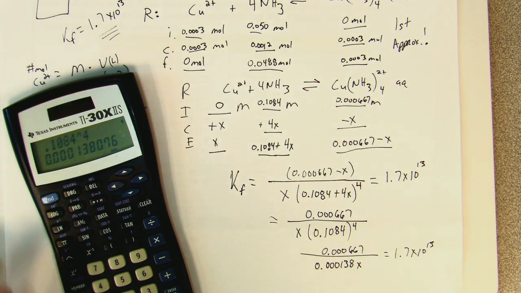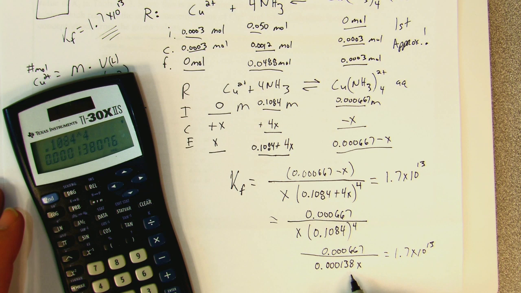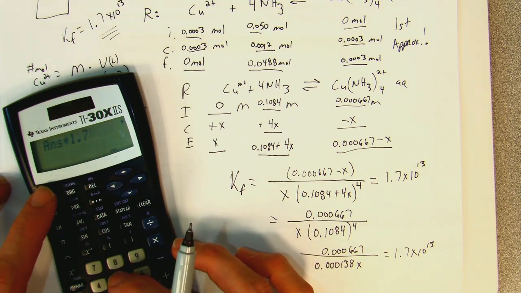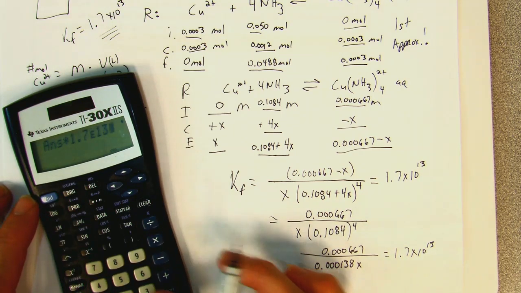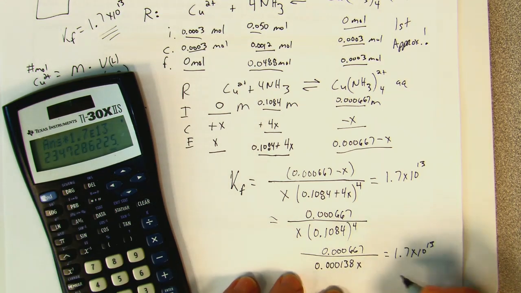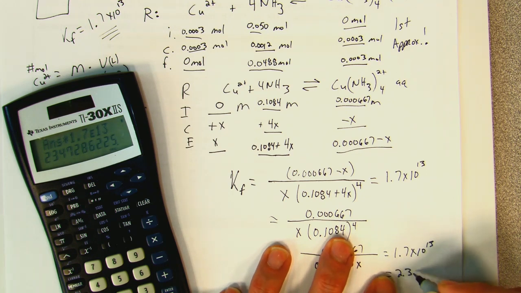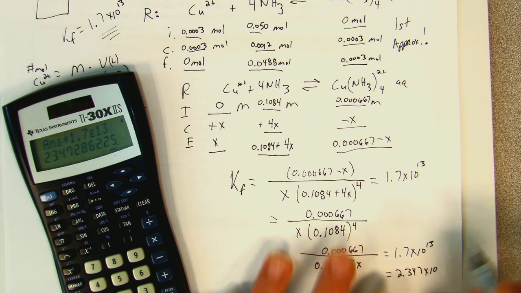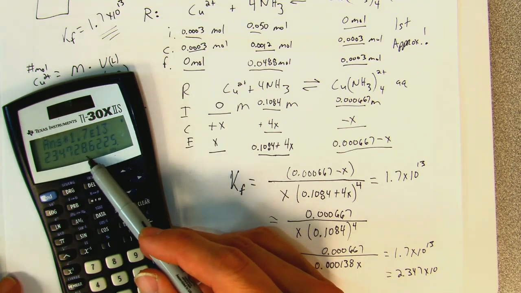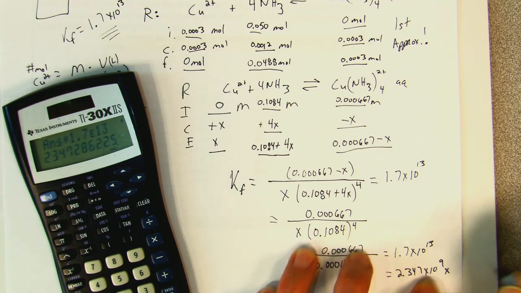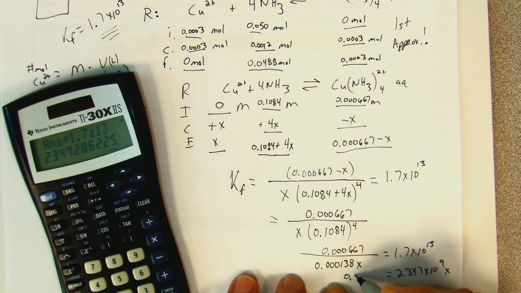So now I'm a lot closer. I just need to clear my denominator by multiplying it by both sides. So multiply by Kf, 1.7 e to the 13. And I get 2.347 times 10 to the 9th, x has to be equal to 0.000667.